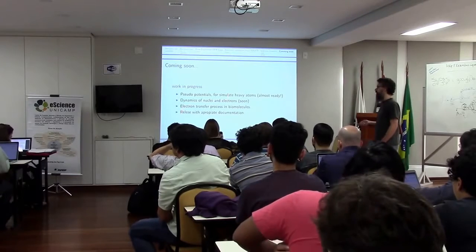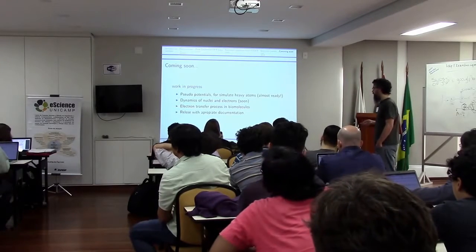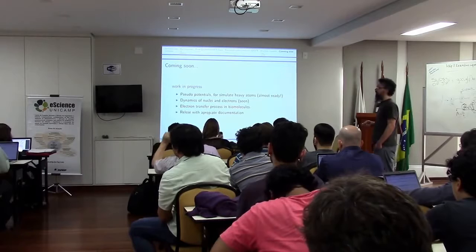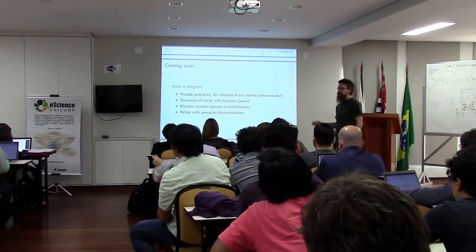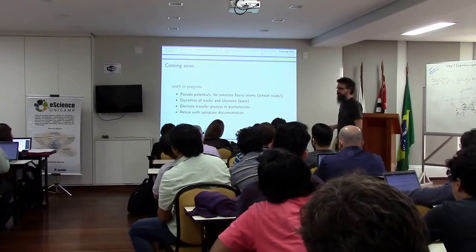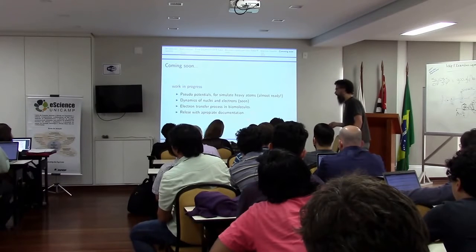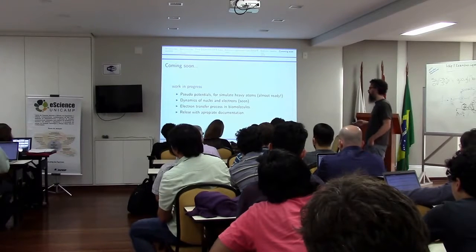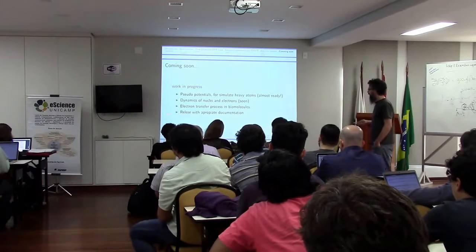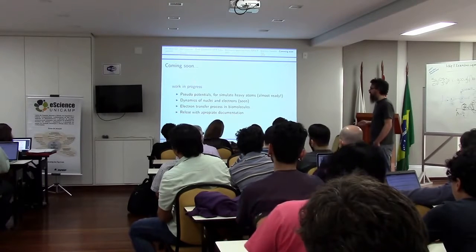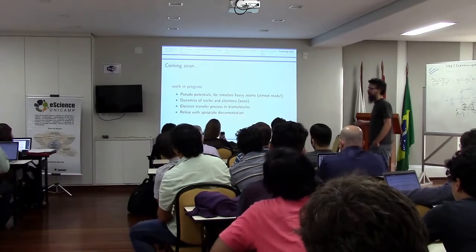Very interesting. We are going to start to see electron transfer processes in more interesting systems, like Chosalkin or similar, in a QMMM scheme, and release the program with the appropriate documentation.